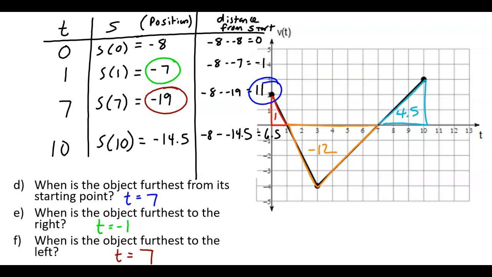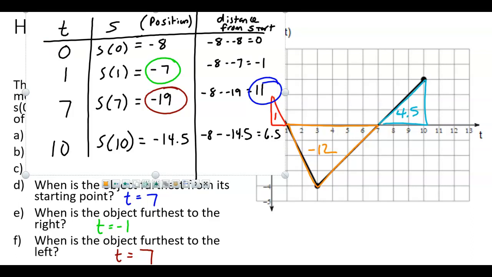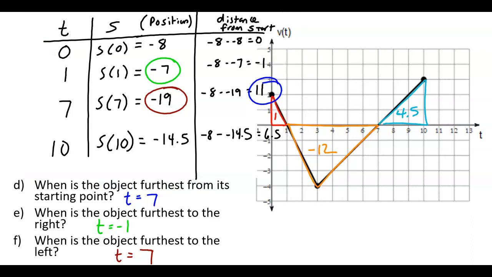First of all, you'll notice that we have my starting points, 0 and 10. And we have two critical values, 1 and 7, because it touches the x-axis in two places. Remember, critical values of s are where s prime equals 0. S prime is velocity. This is a graph of velocity. So when velocity equals 0, that's when s prime equals 0, which is a critical value.